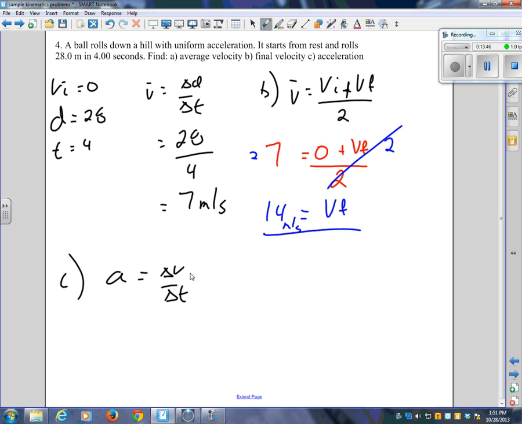Do I have the delta V? Yes. What is the value of delta V? You'll notice that you have a 7 for V and you have a 14 for V. You also should note that you have a 0 for V. So which V is it?